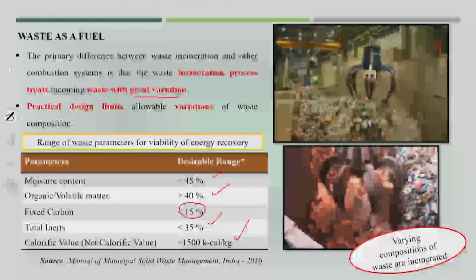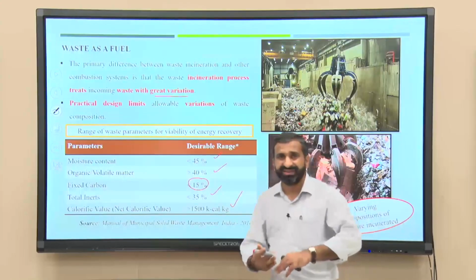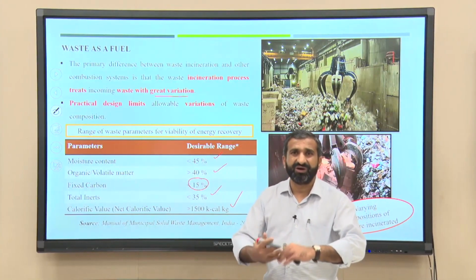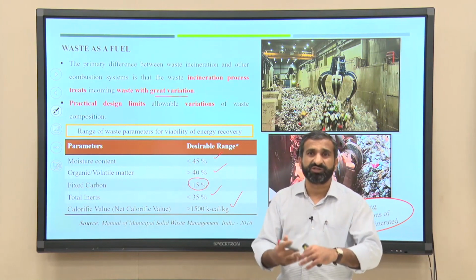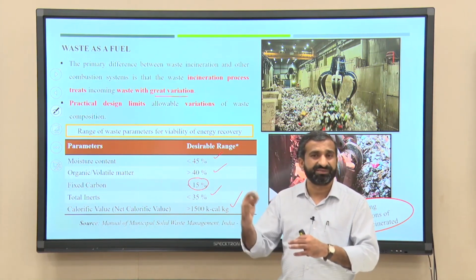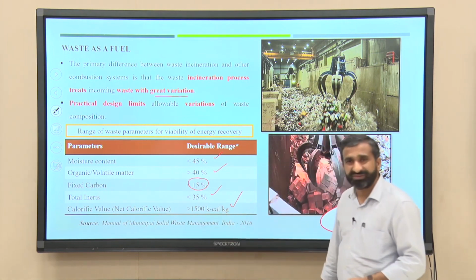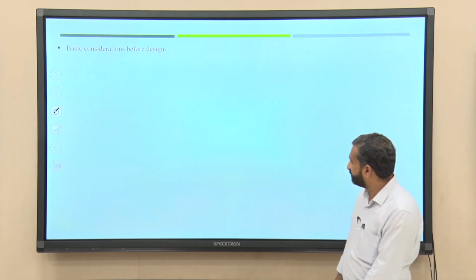In India, which, like developing countries, is known for producing more biological waste, if the biological content is more than 60 to 70%, it is very difficult to get this kind of calorific value.